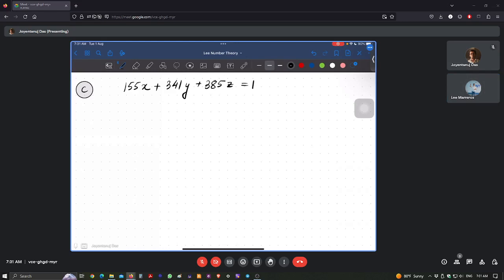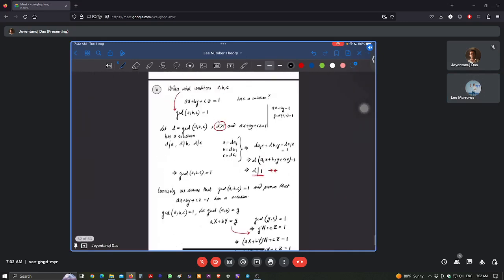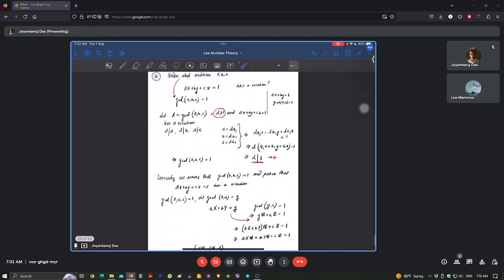So how did we approach part B? In part B we proved both directions. First we assume that the equation has a solution, and then try to derive the condition that the GCD is 1.